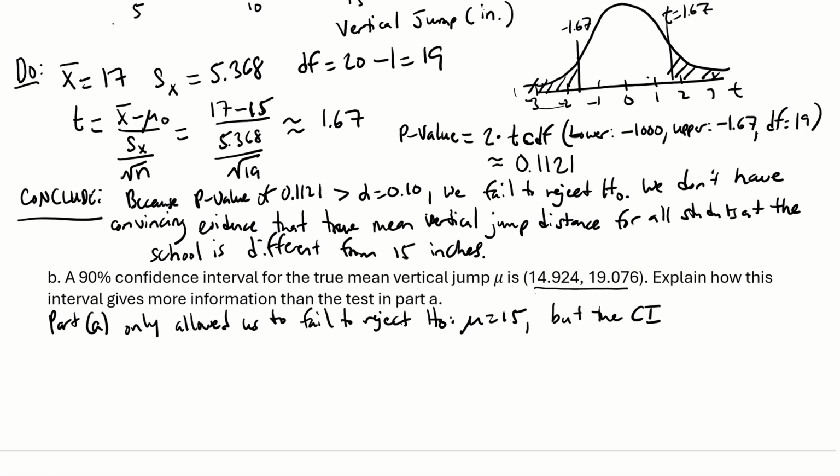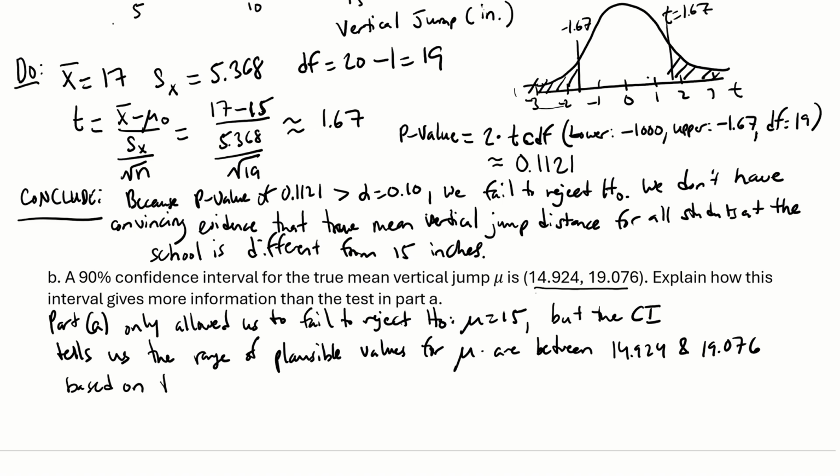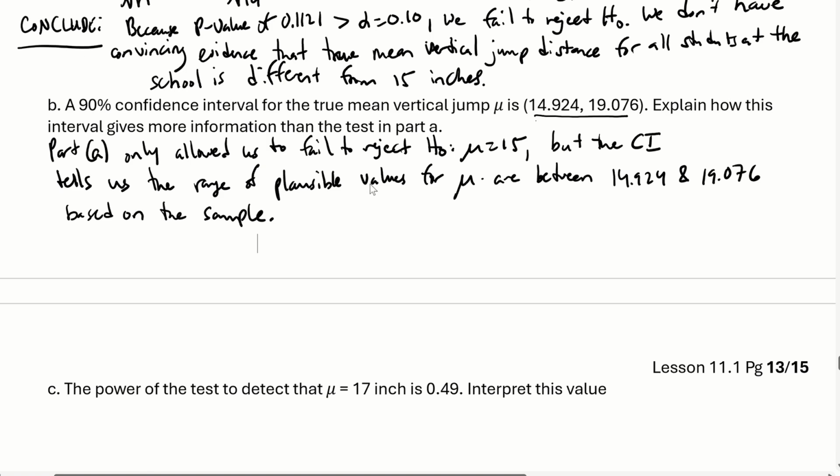But the confidence interval, I'm just going to say CI, tells us the range of plausible values for mu are between 14.924 and 19.076 based on the sample. So this gives us more information about the plausible values.